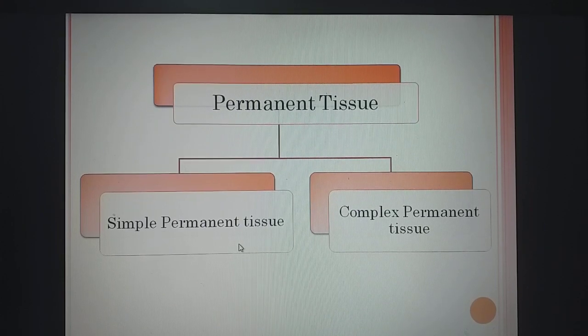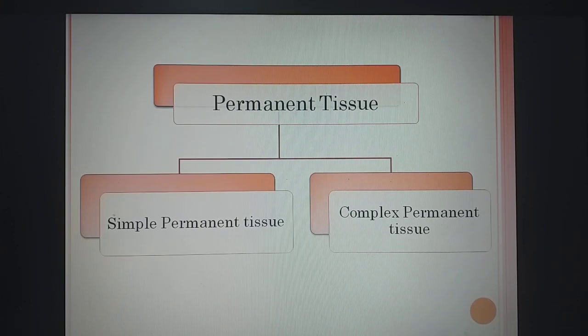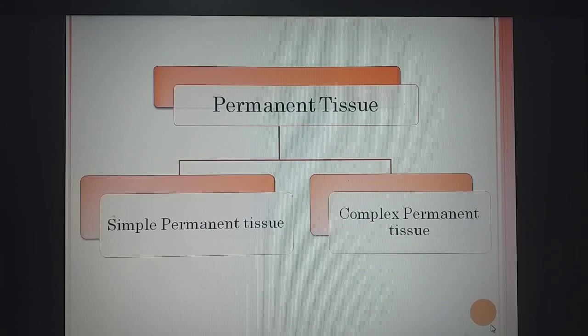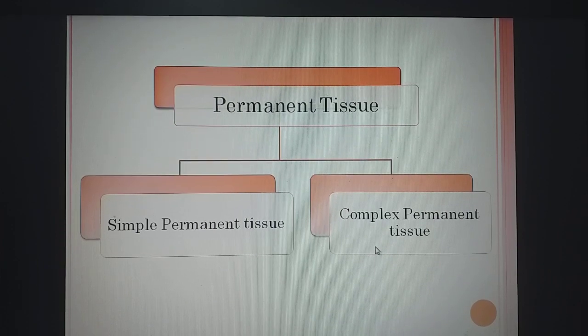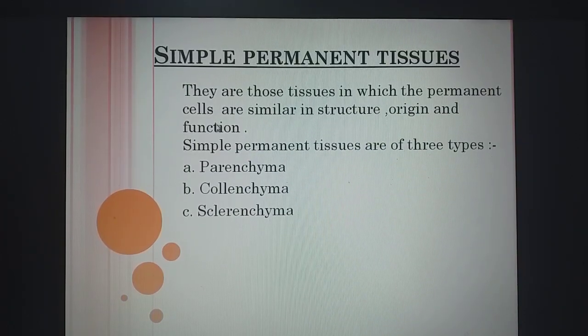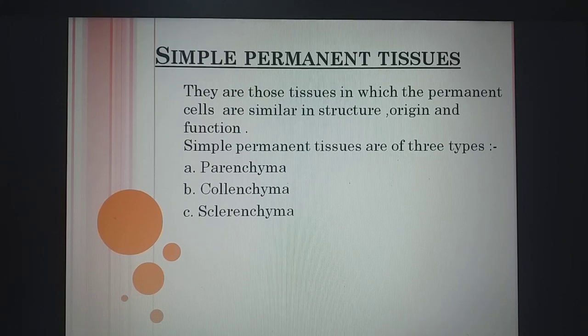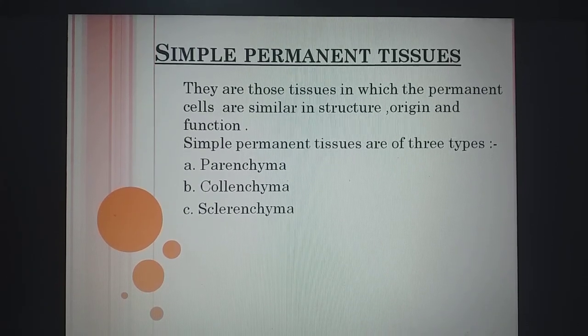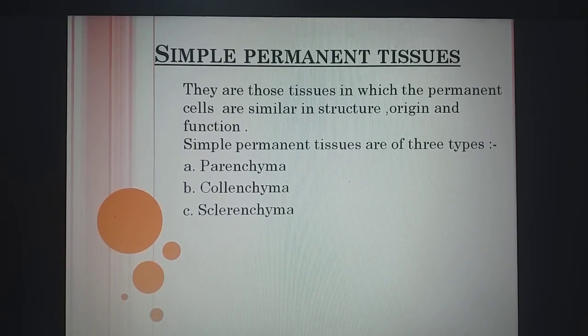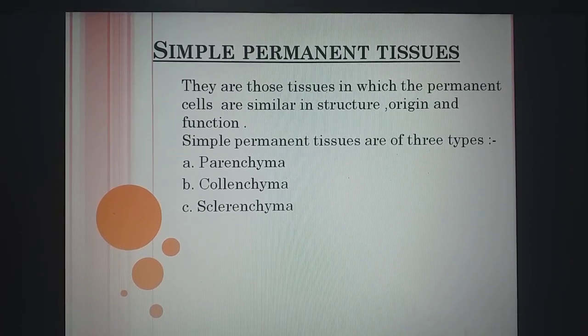Simple permanent tissue means those tissues which are made up of similar type of cells, whereas complex permanent tissue means those tissues which are made up of different type of cells but they coordinate with each other to perform a particular function. Now simple permanent tissues are those tissues in which the permanent cells are similar in structure, origin and function. Simple permanent tissues are of three types, that is parenchyma, collenchyma and sclerenchyma.